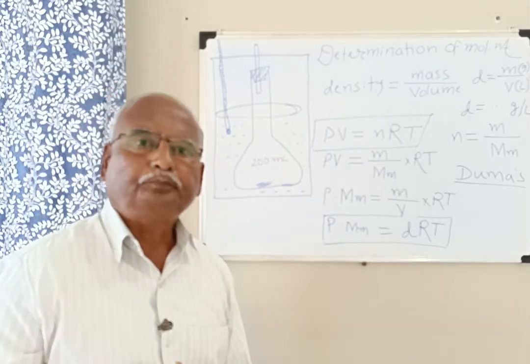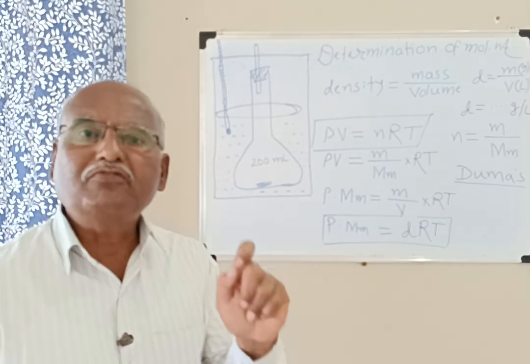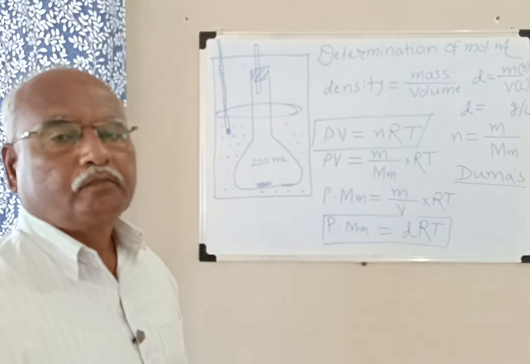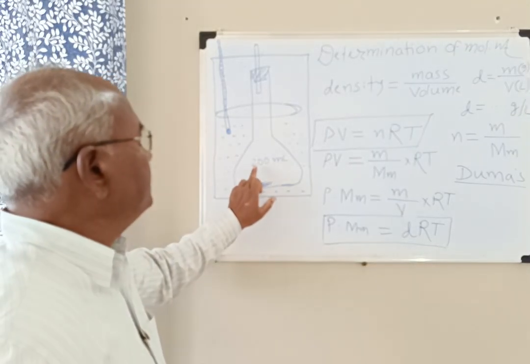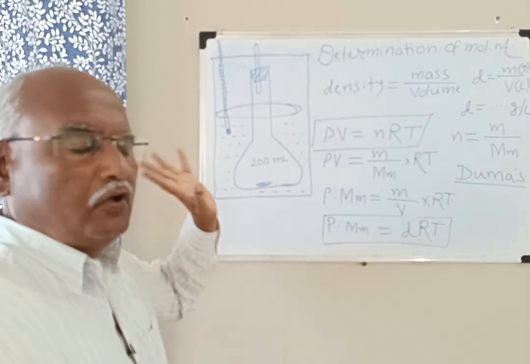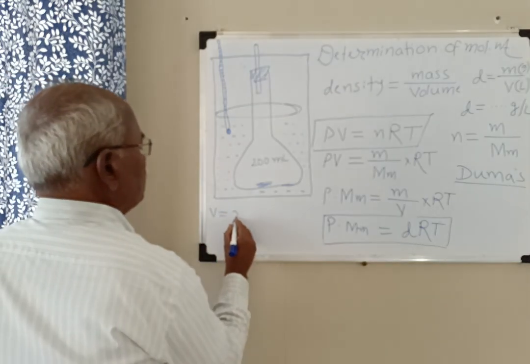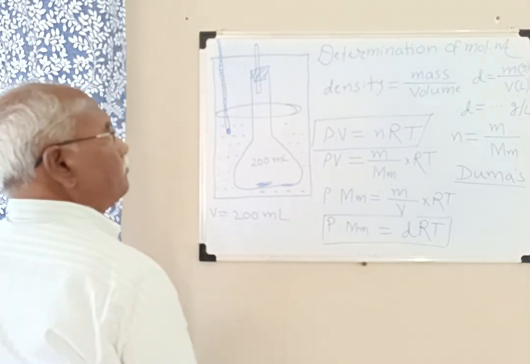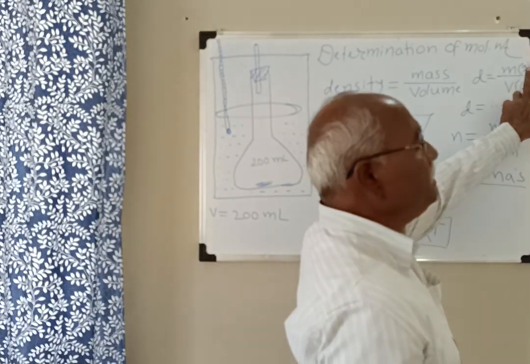Now look here, the given quantity of liquid or volatile substance is taken in 200 ml flask. So the volume is 200 ml. But you see, we are here using volume in liter.